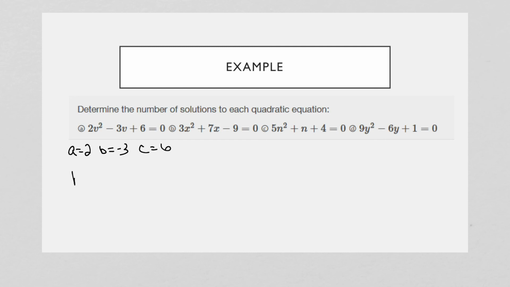All we're looking for is B squared minus 4AC. Okay, so I've got -3 squared minus 4 times 2 times 6. And whenever I do that math, I did open parenthesis, -3, close parenthesis, square that baby, minus 4, open parenthesis, 2, close parenthesis, open parenthesis, 6, close parenthesis, enter.